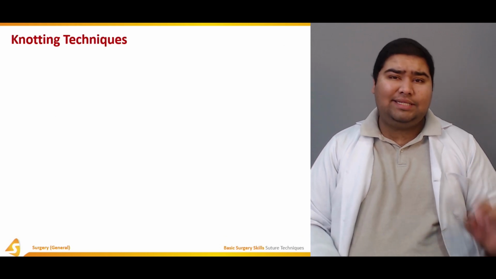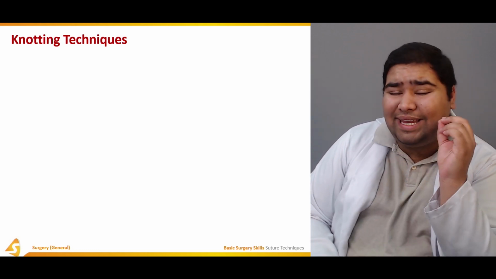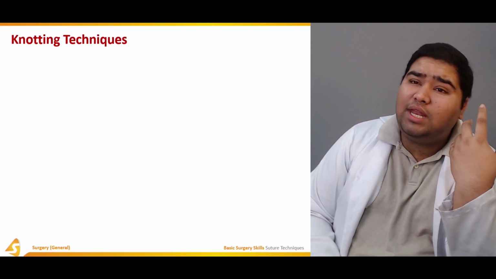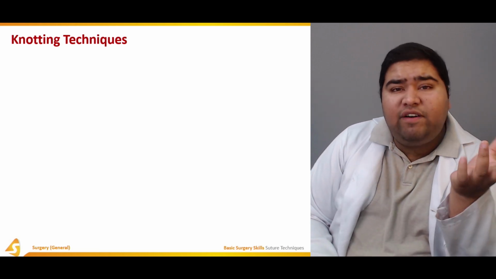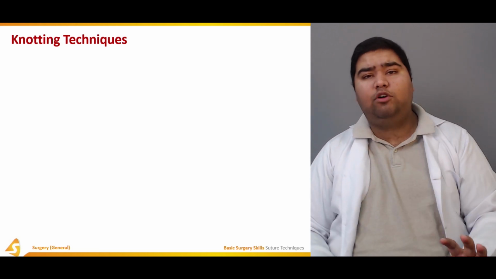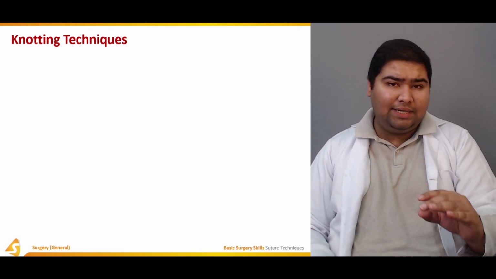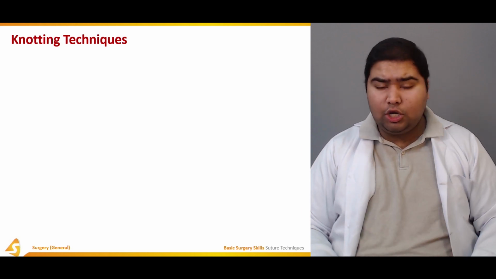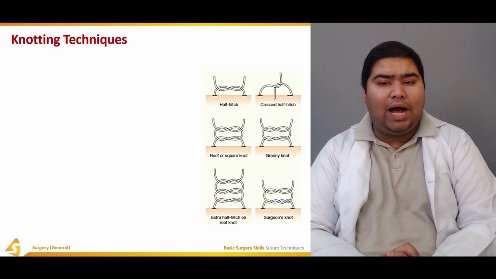So knotting techniques. Before getting into knotting techniques, it is important to note that these are techniques that are learned by practice. You cannot actually memorize them or cram them. These are the techniques you have to perform. So we'll talk about these techniques now, but you'll have to perform them by yourself so that you can know them. These are some of the techniques. A half hitch knot.